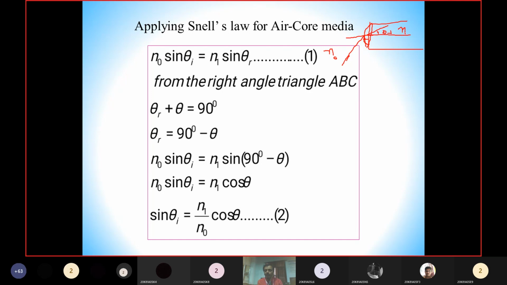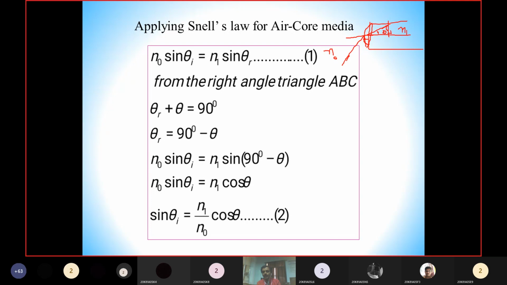Okay, now we will apply Snell's law. If you apply Snell's law, what happens? N0 sin theta I equals N1 sin theta r. Now if you draw the normal here, there is one angle theta r, and here the angle made is theta.